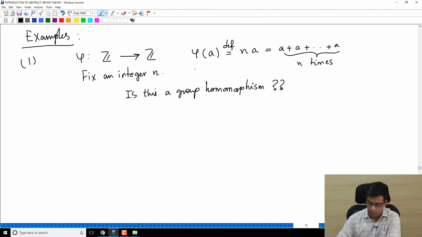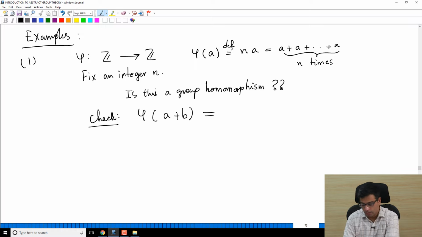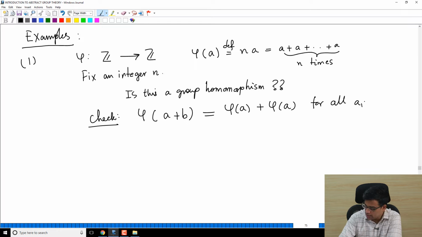So in this example, we want to check, a and b are two integers, that after adding them and then applying phi, or first applying phi and then adding, this should be true for all integers a and b, right?